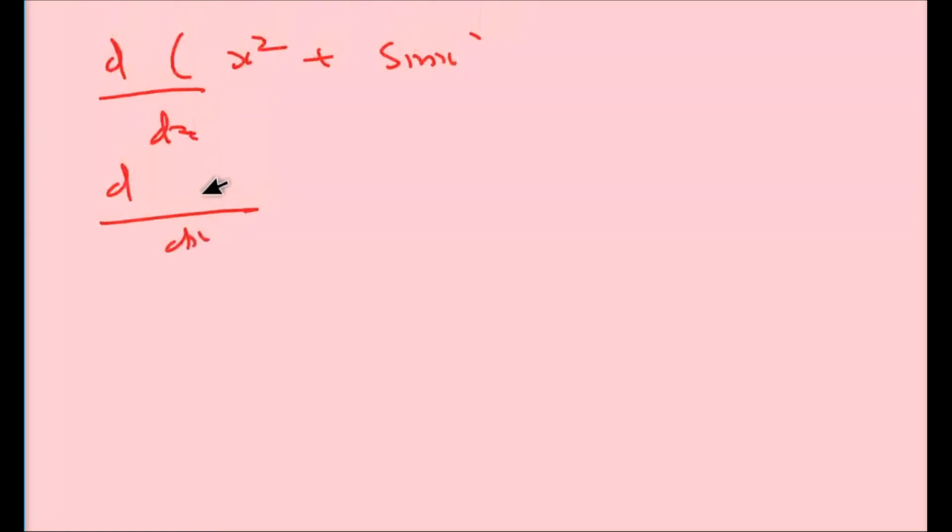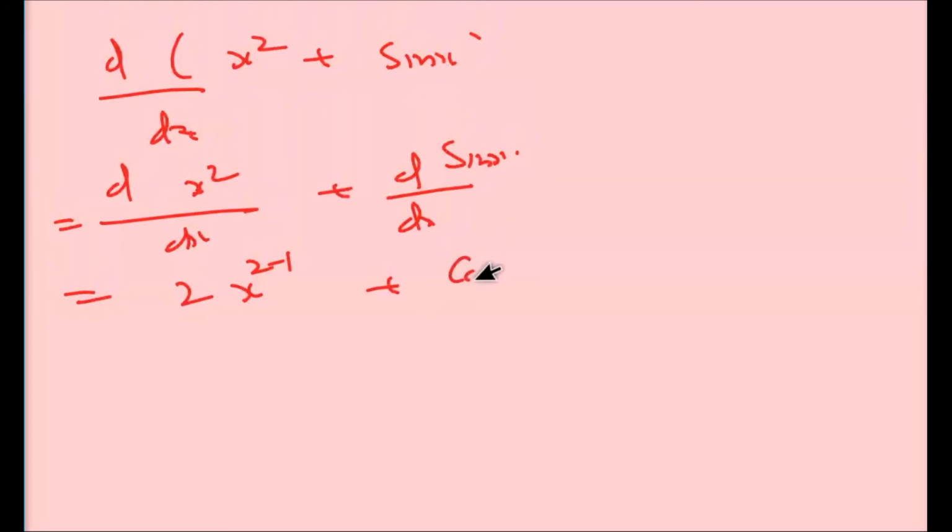Now the next question, x square plus sin x, we can write separately: x square plus differential of sin x. Okay, now x to the power n, and the differential of sin x is cos x. If you know the formula, then you can write easily.